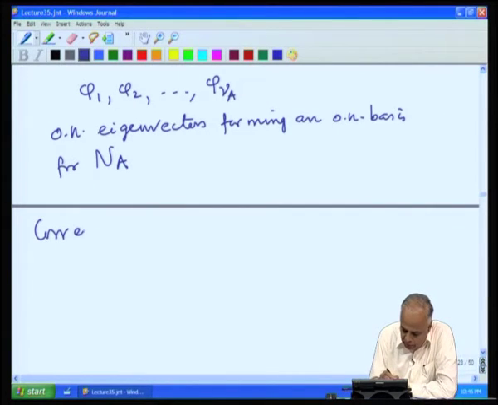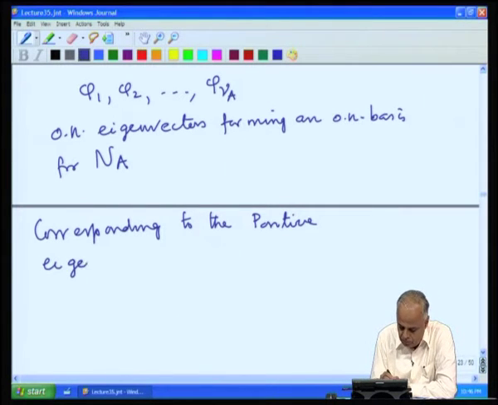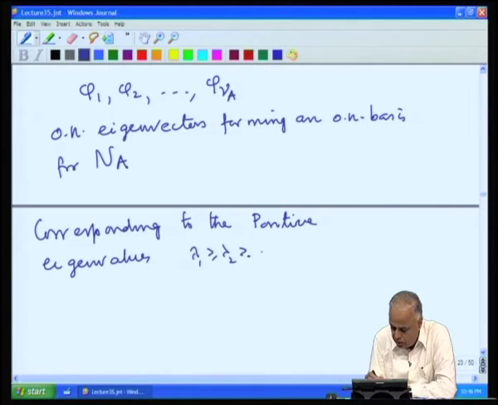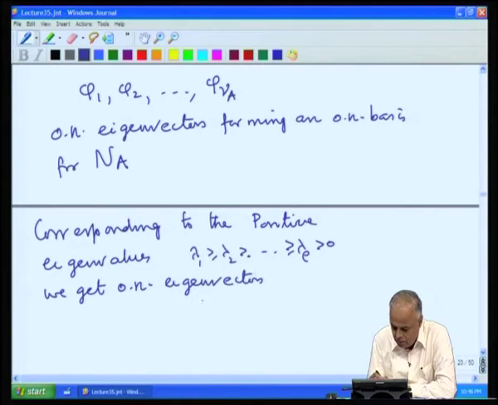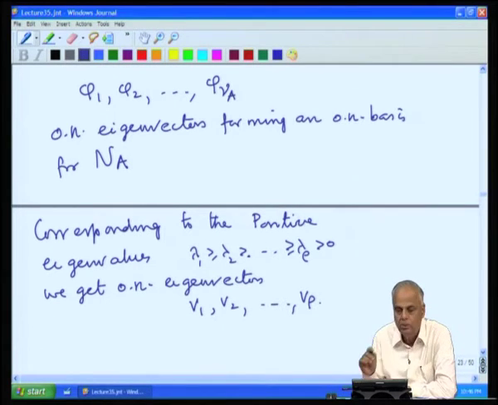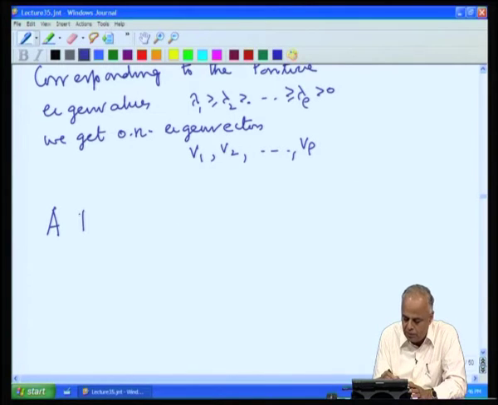So, corresponding to the positive eigenvalues lambda 1 greater than or equal to lambda 2 greater than or equal to lambda rho greater than 0, we get orthonormal eigenvectors V 1, V 2, V rho.